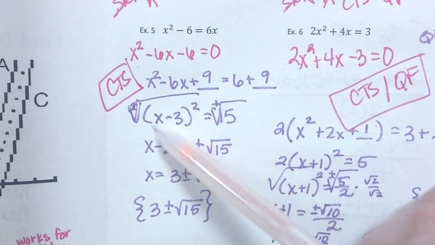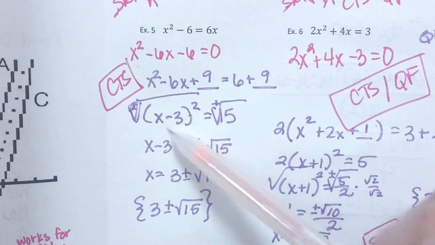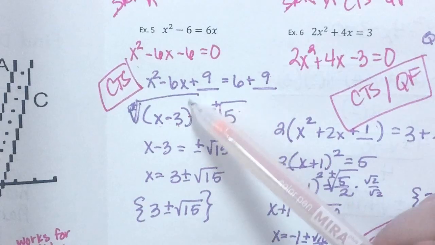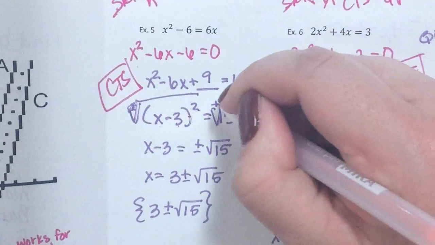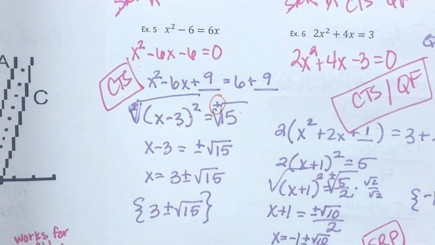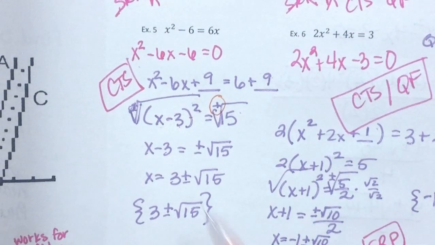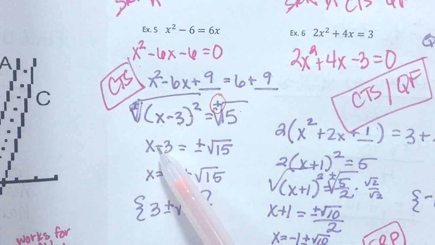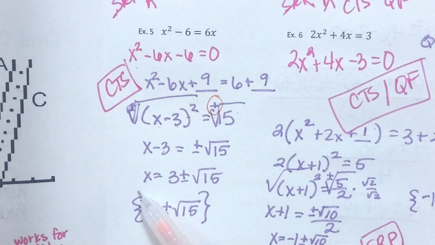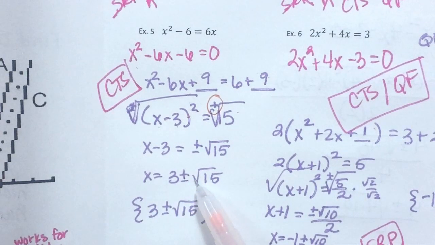Now we got a PST, perfect square trinomial, so it's x minus 3 squared equals 15. Square root property, I'm going to take positive and negative square root of 15, and we can't break down the square root of 15. It's 3 times 5, those are prime. So the only thing left to do is to add 3. So our answers are 3 plus or minus the square root of 15.